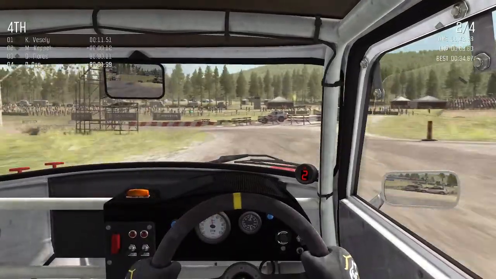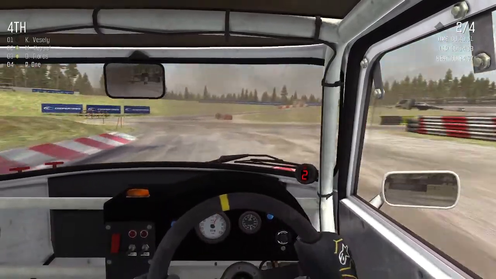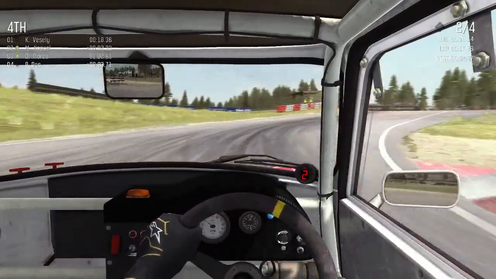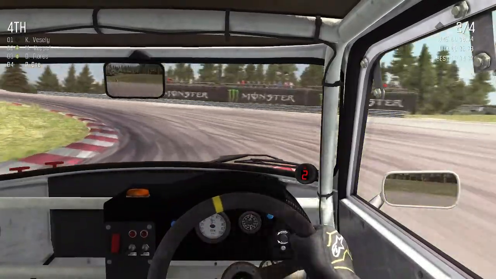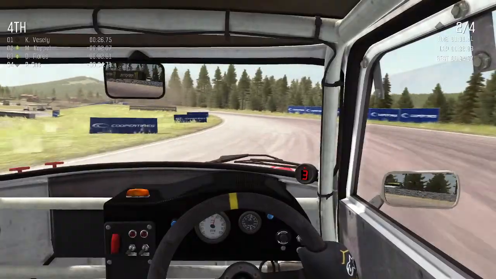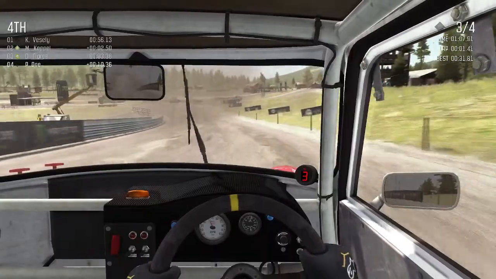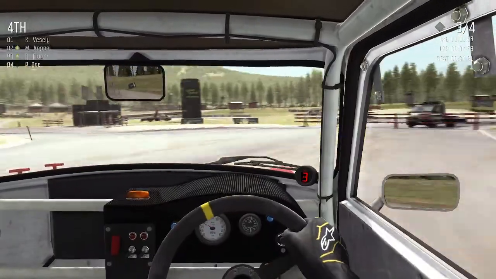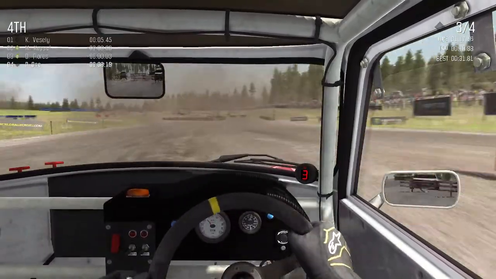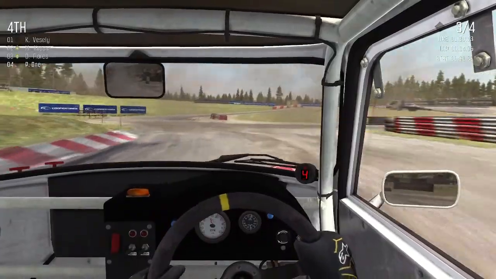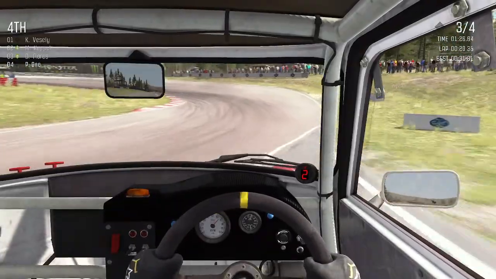The car in front has gone into the Joker. Right, you need to complete the Joker next lap to avoid a time penalty.